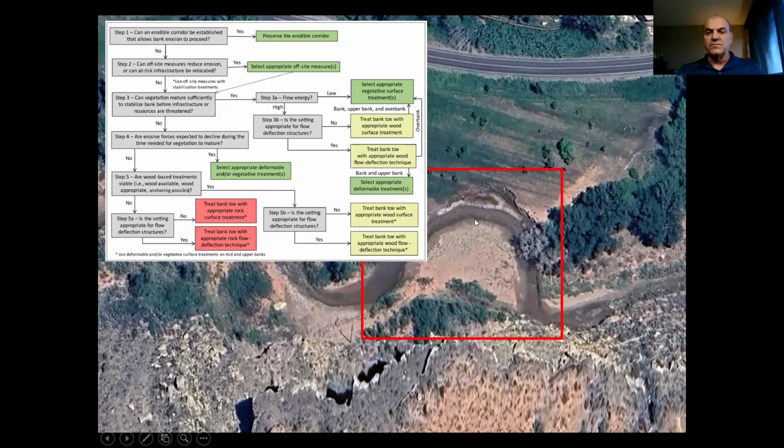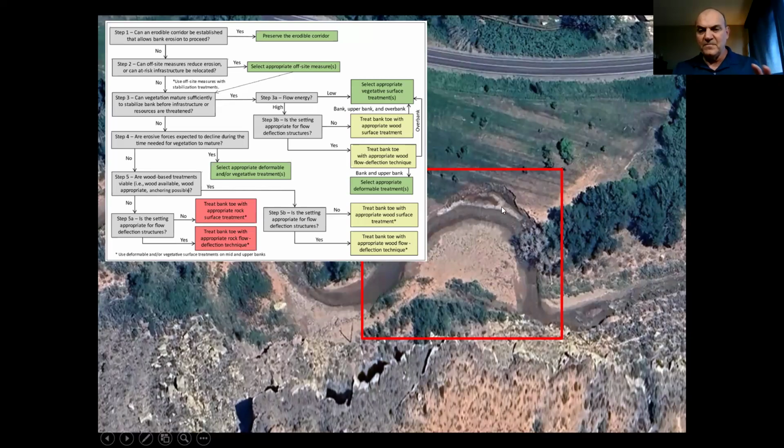So this erosion and meander reformation is the river naturally adjusting back to its natural stable condition. And so the question is, do we allow that to continue at the expense of this historical resource value? Or do we do some sort of stabilization technique?